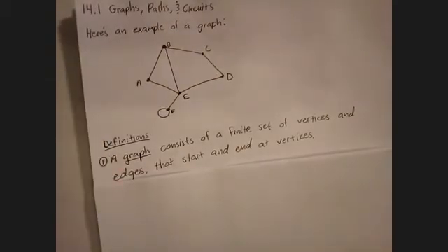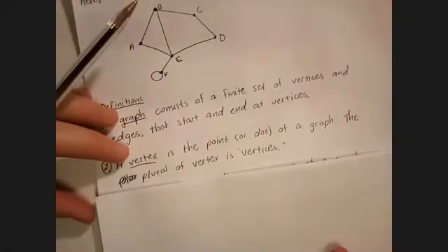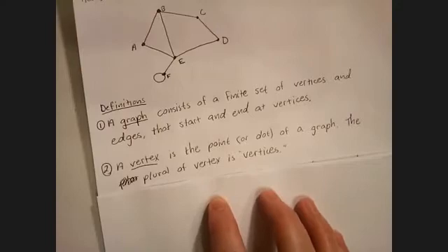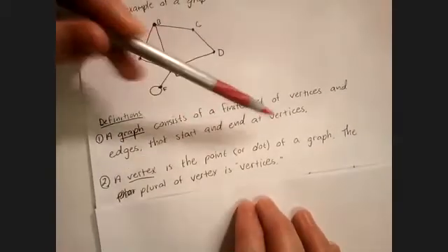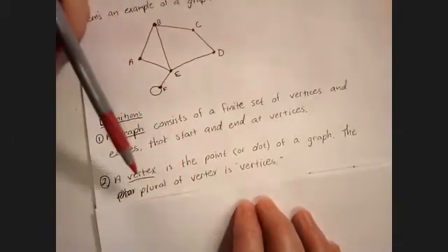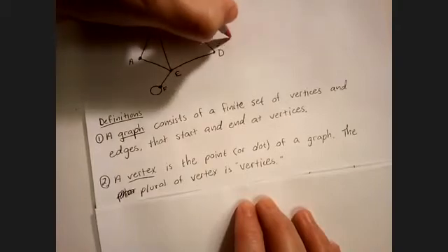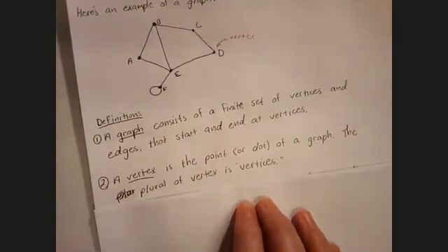So now we're going to talk about some of these words I just mentioned, like vertices and edges. A vertex is a point or a dot of a graph. And of course, earlier I said vertices, so the plural of vertex is vertices. So this is an example of a vertex. I'm going to label this graph.